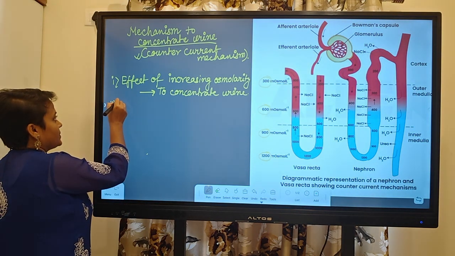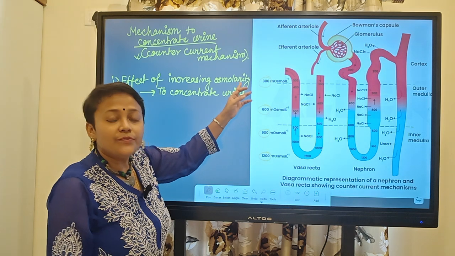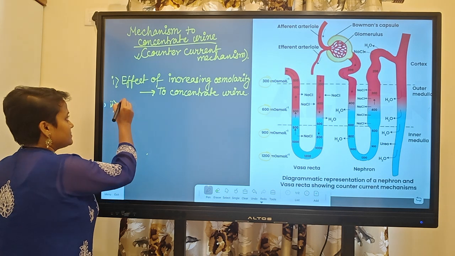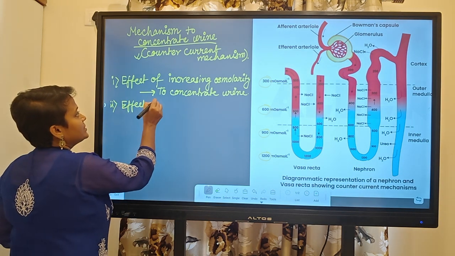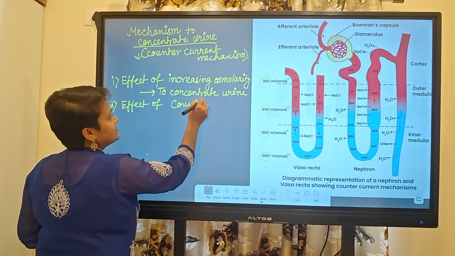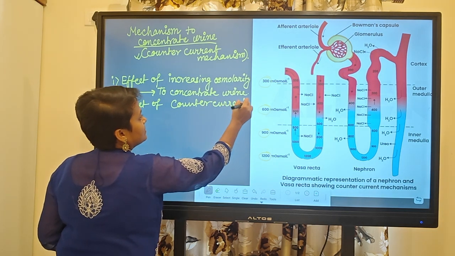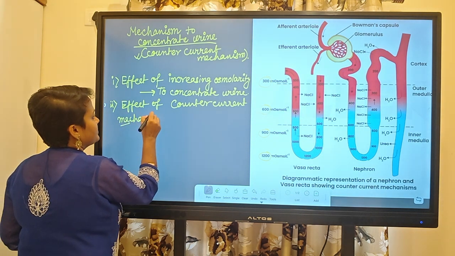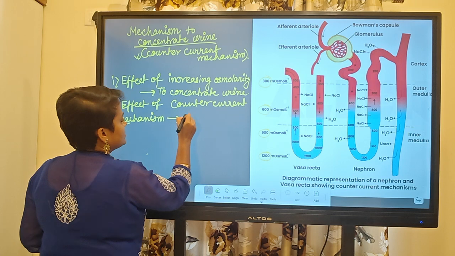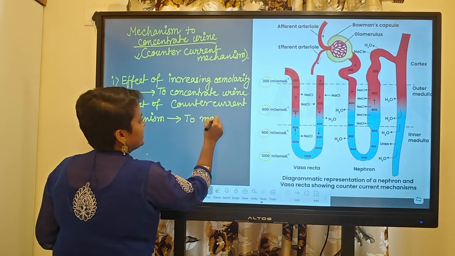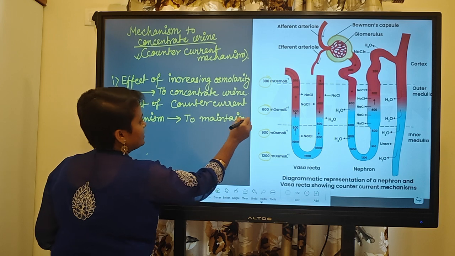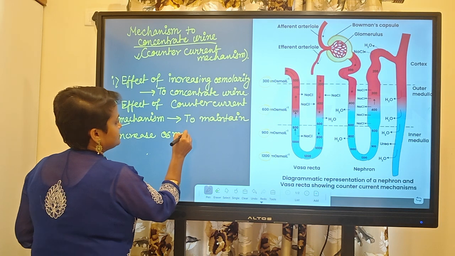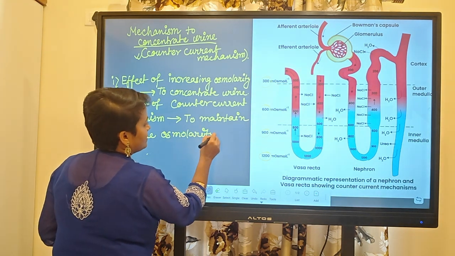Secondly, how will the increased osmolarity be maintained? By the counter current mechanism. So, the effect of the counter current mechanism is to maintain increased osmolarity.